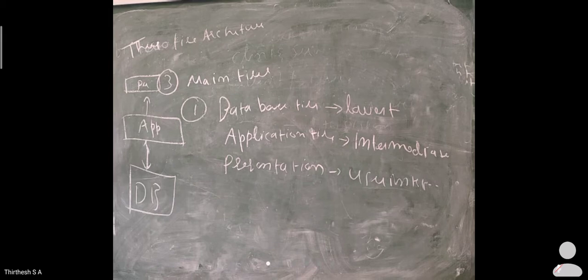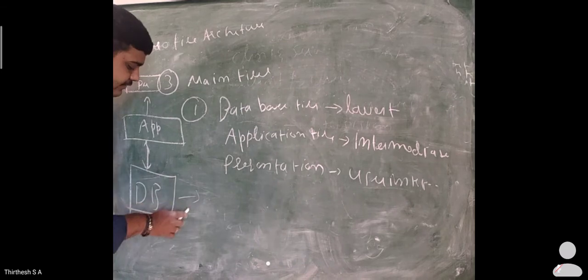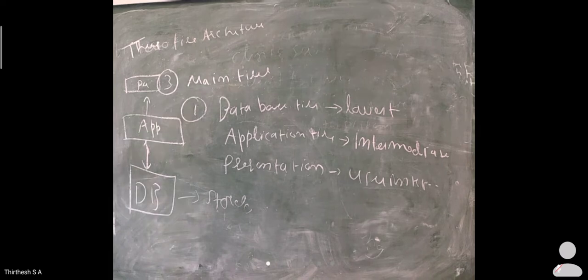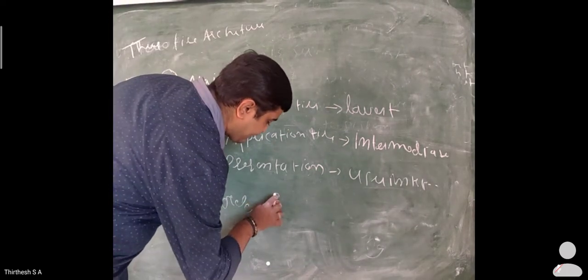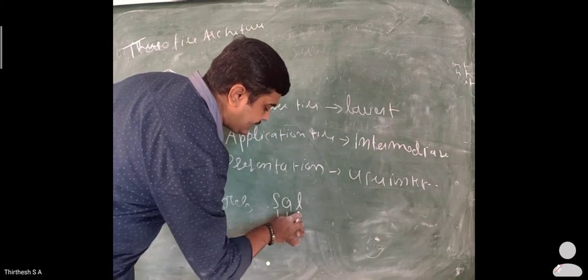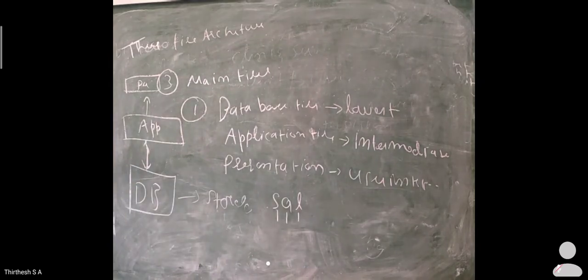In the database layer, this is where each and every piece of data is stored, and this works on a query processing language known as SQL, which means Structured Query Language.